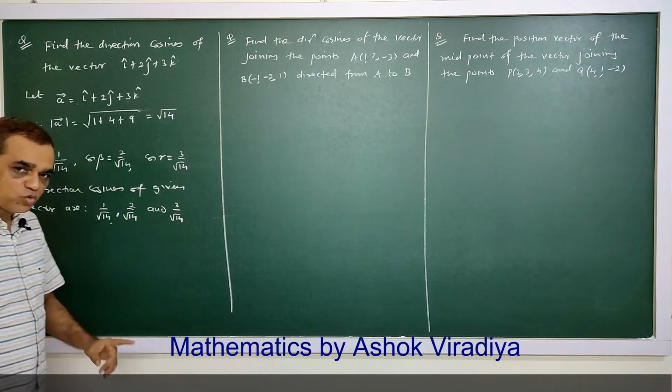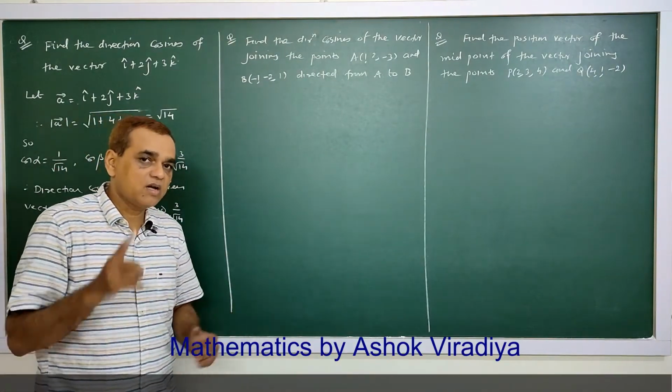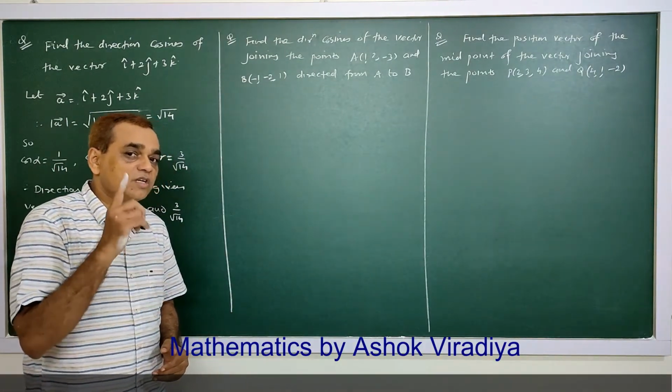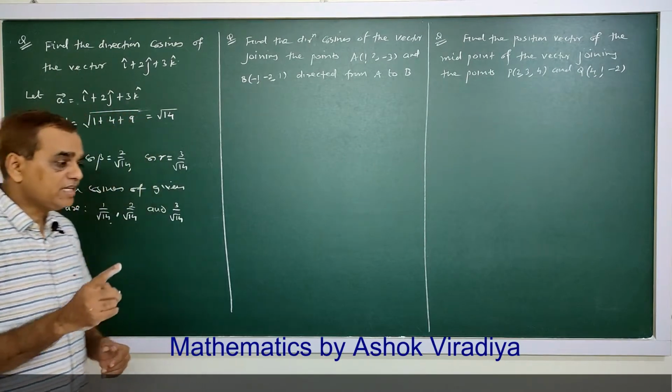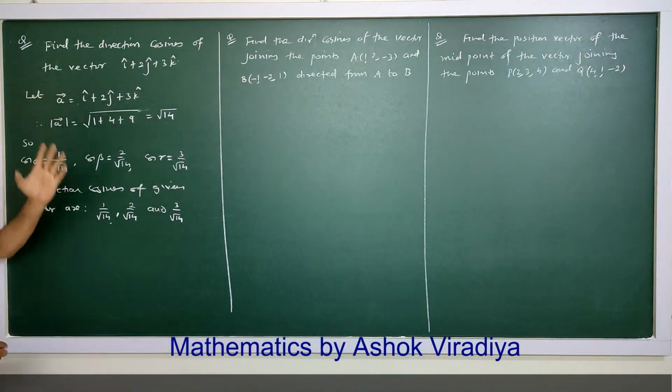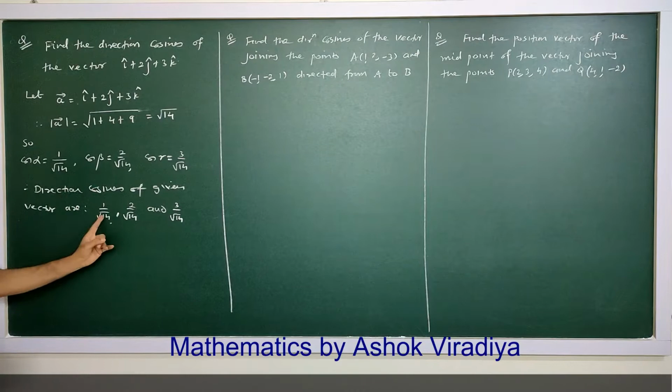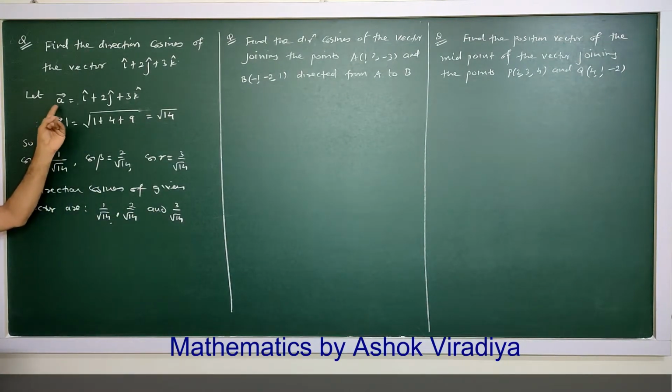So direction cosines are nothing but components of the unit vector in the direction of the vector itself. These are components of the unit vector in the direction of the given vector.